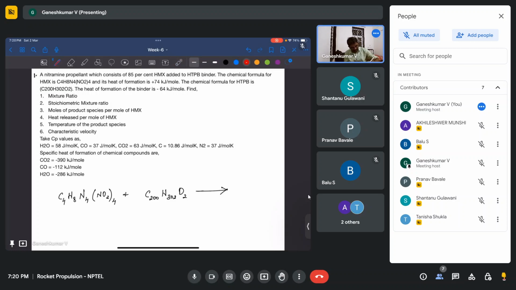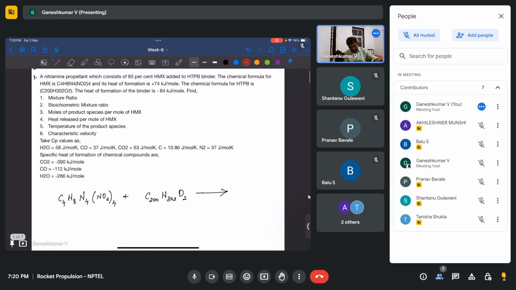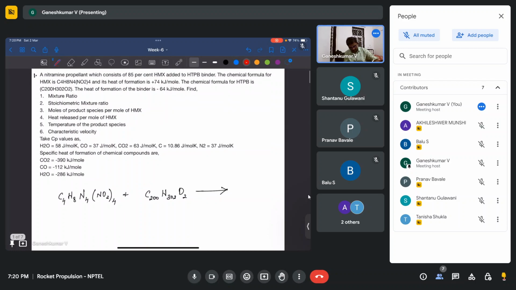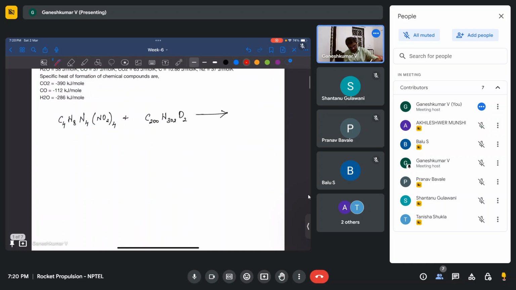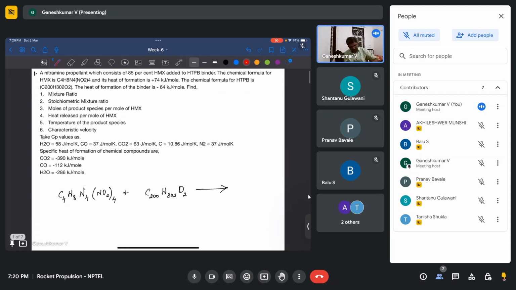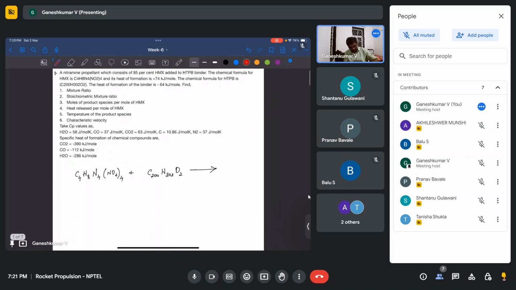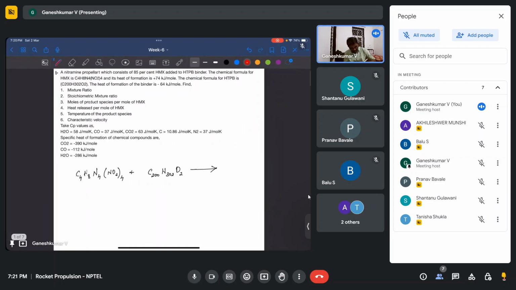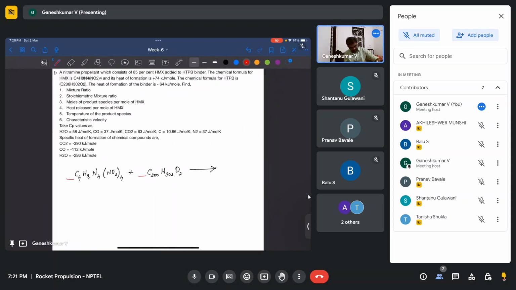Even if you know that, how would you fill the coefficients here and here? Here you're trying to get the number of moles of HMX and the number of moles of HTPB.